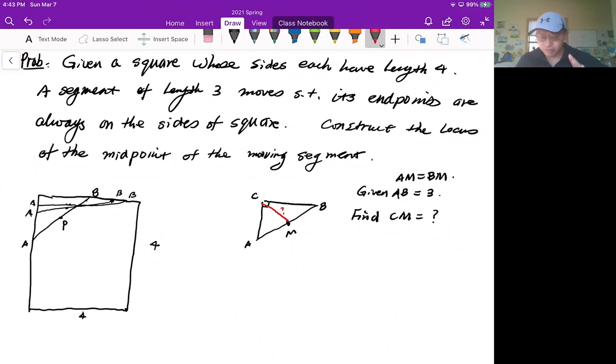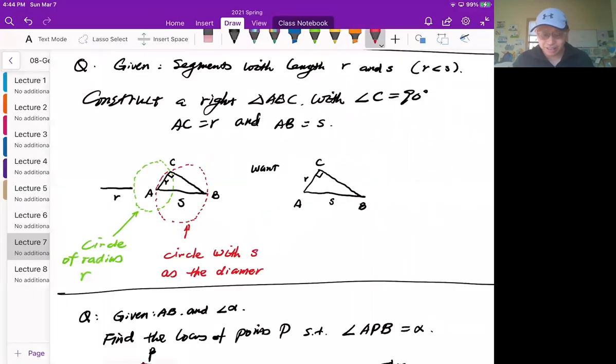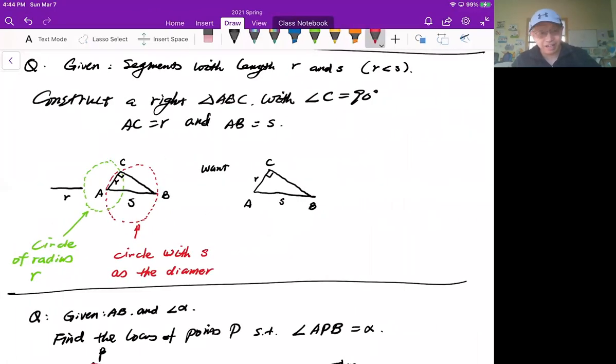Well, first of all, if I see a right angle, I should think of a diameter and a circle. We talked about that a number of times in the past. If AB is the diameter of a circle and C is any point on the circle, then ABC forms a right triangle.